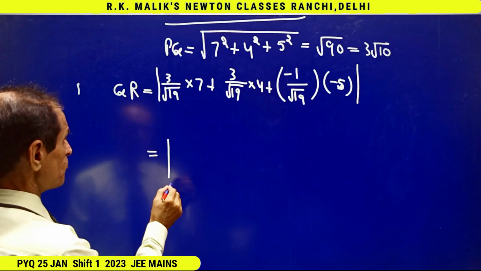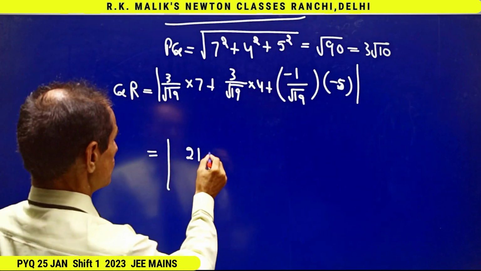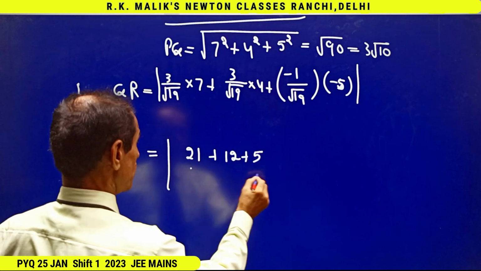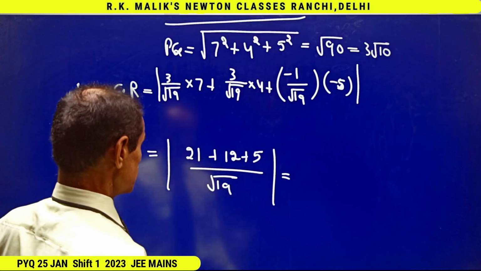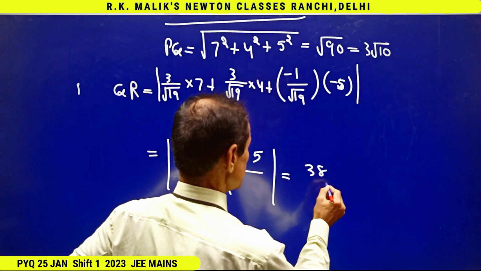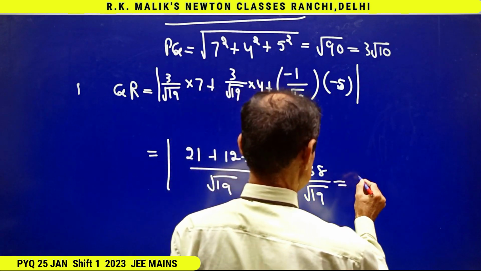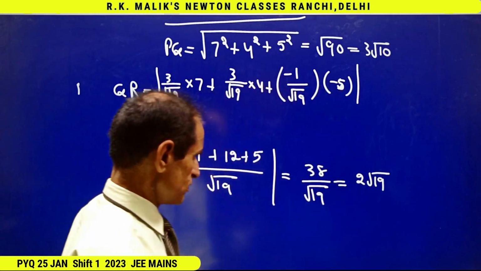This is equal to mod of 21 plus 12 plus 5 by under root 19. This is equal to 38 upon under root 19, that is 2 under root 19.